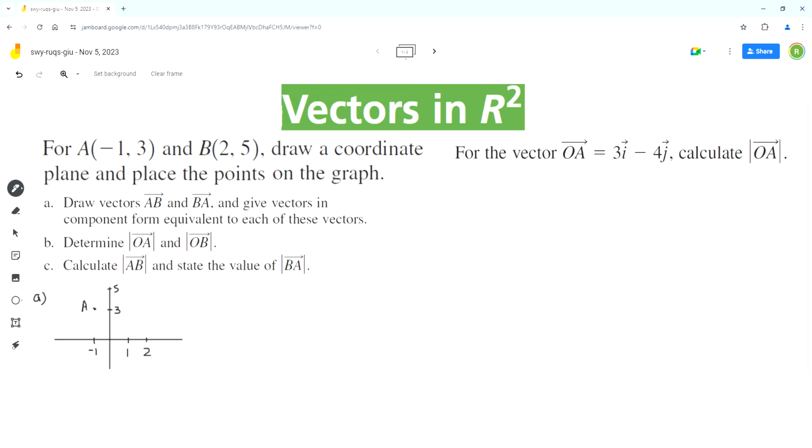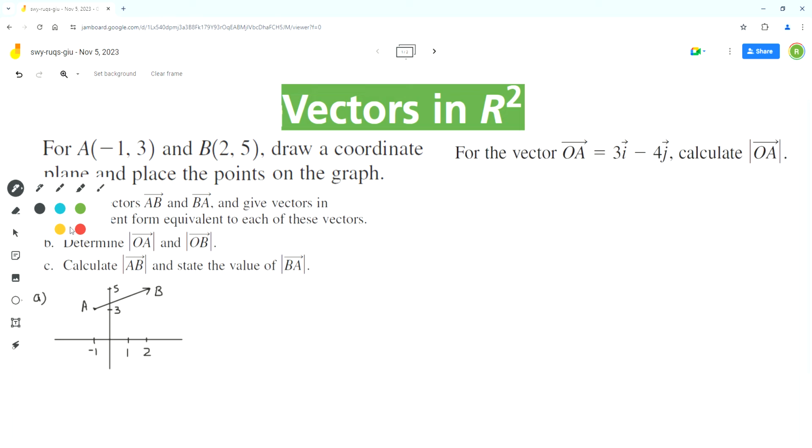And point B is 2, 5 and that will be here. Now in part A we have to draw vectors AB and BA. So vector AB starts at point A and ends at point B. So this is vector AB. And vector BA starts at point B and ends at point A.